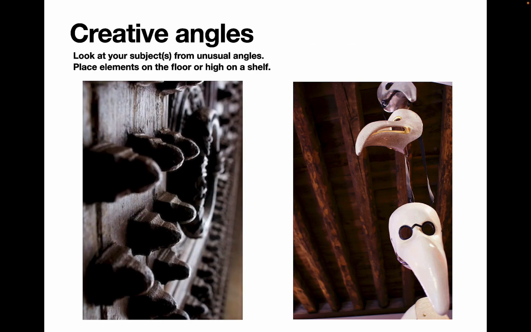So creative angles is another way. We're going to be using everyday objects, and think about looking at something from a different angle, either from below it or above it. Creating some more interest to something and seeing it in a different way than you normally look at it.